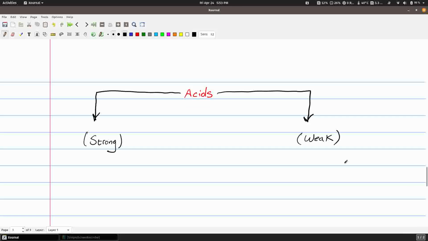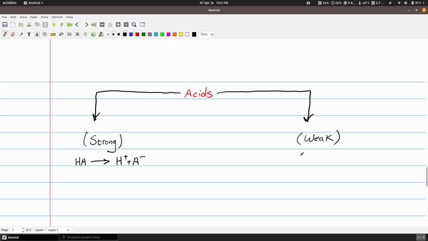I'm going to write down some of the more common strong acids and some of the more common weak acids. One thing you need to be aware of is strong acids are going to have an arrow like this. You can represent an acid as HA, and this arrow is for strong acids because it's going to completely dissociate.